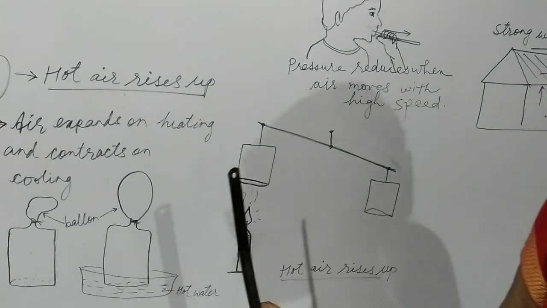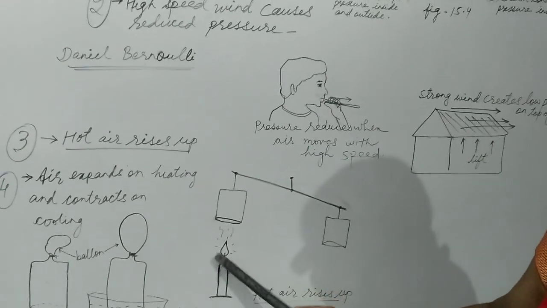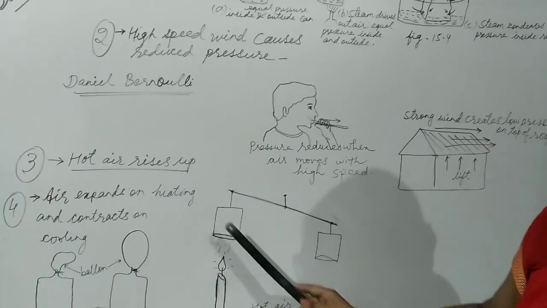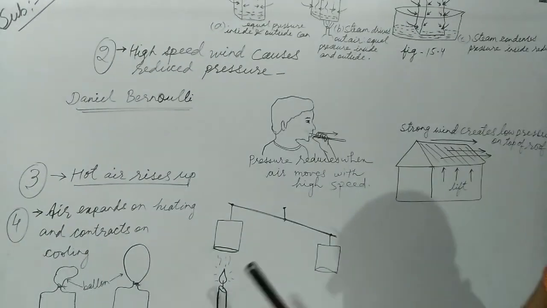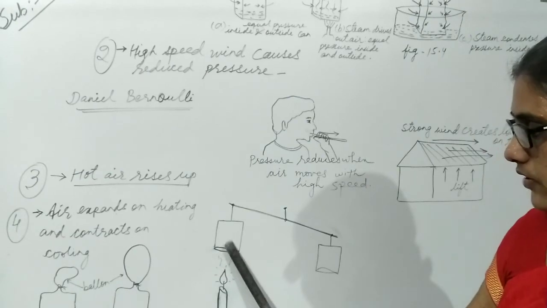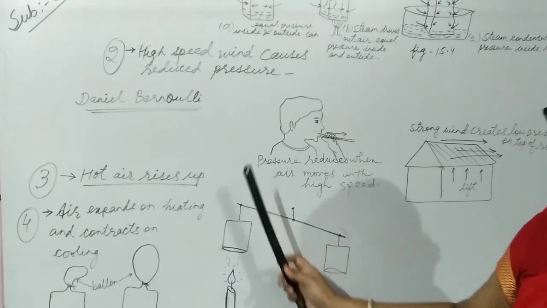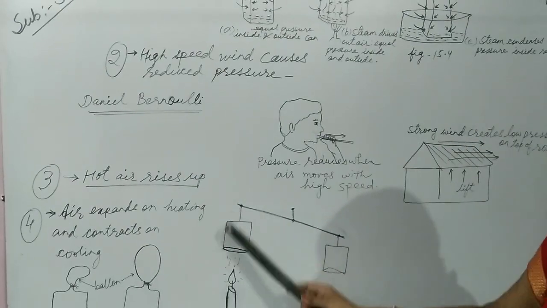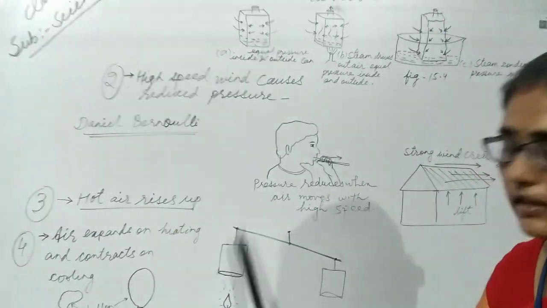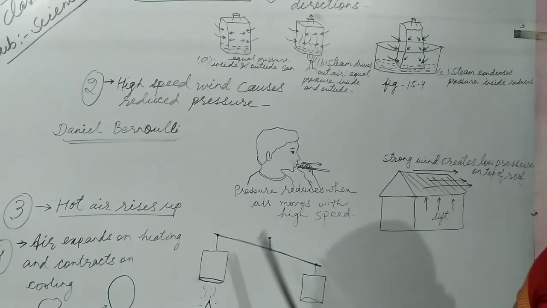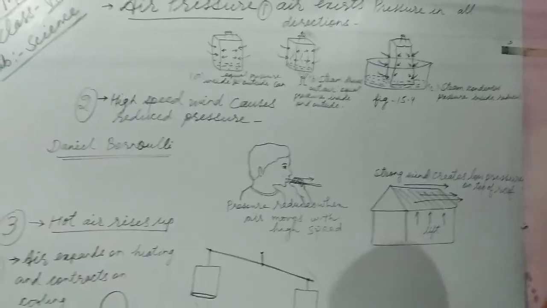After some time you will observe that the air above this burning candle becomes hot, and we know that hot air rises up. So the hot air rises up and makes the paper bag lift upward. It proves that hot air always rises up.